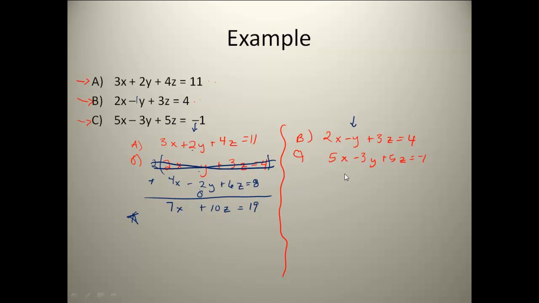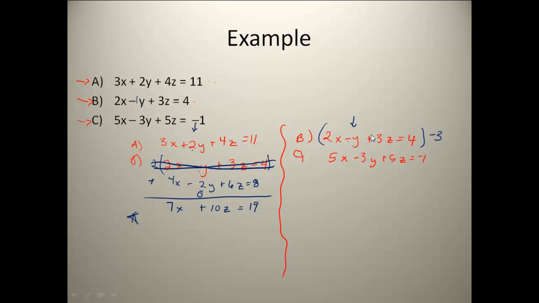Then we come over here to the other side and we have to do the same thing. I need to eliminate the y. So I have to ask myself, what do I need to do to my equation so I get the same coefficient but opposite signs? Well, I'm going to multiply the top equation by -3. The reason I'm doing -3 is because right now the signs are the same, so I need one of them to be a plus sign.